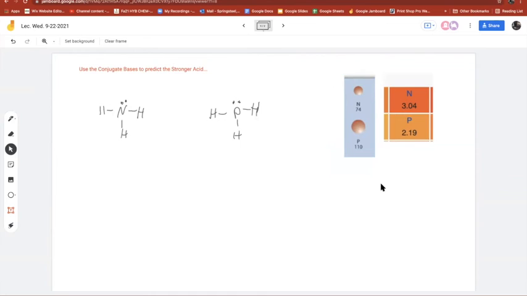So this is the same as the last one. This is the size, a big difference in size, right? Stronger acid, the conjugate base is larger, whereas this is smaller, more concentrated.